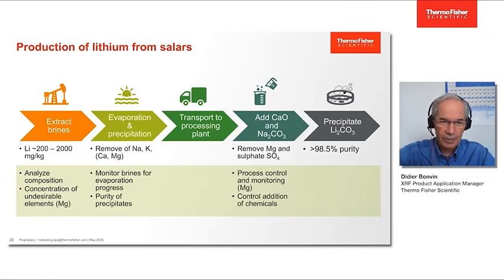And obviously, during all these steps, it is important to control how well the process works. And this can be done either by atomic absorption or by ICP or by X-ray fluorescence. And X-ray fluorescence will bring some advantages, as we will see.